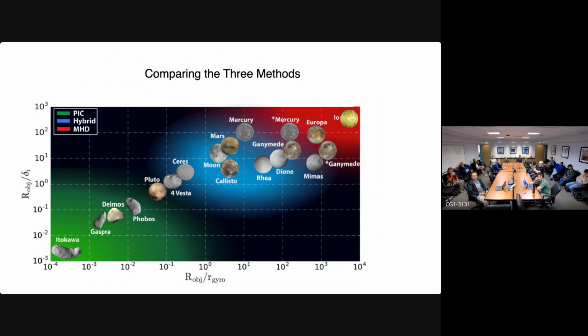So this plot actually shows that MHD is not always the best choice for modeling space and astrophysical plasma, especially when the ion inertial length or the gyro radius is comparable with the scale length of the system.